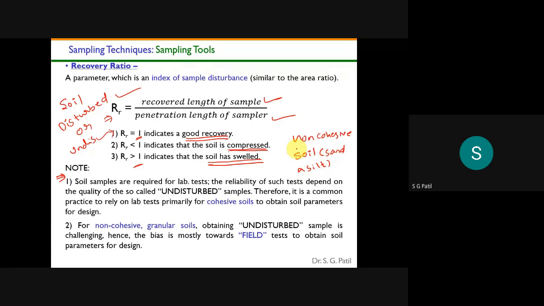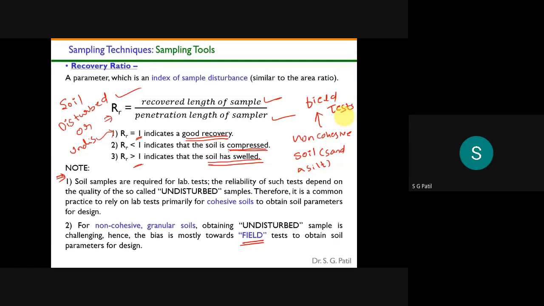So then obviously whatever laboratory tests we do on these sand and silt are doubtful, because the sample quality itself is doubtful. That's why we always rely on the field tests, which are called in situ tests. So for sand and silt, we will rely on field tests.